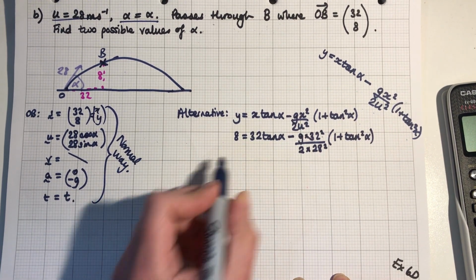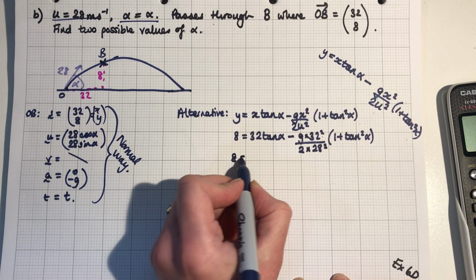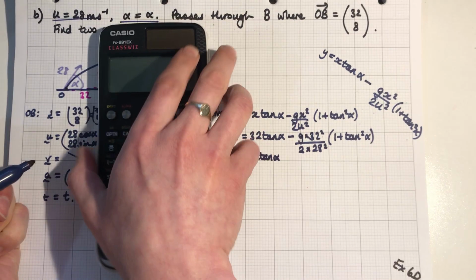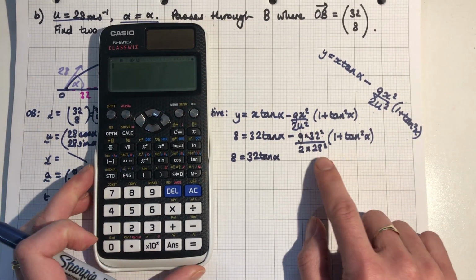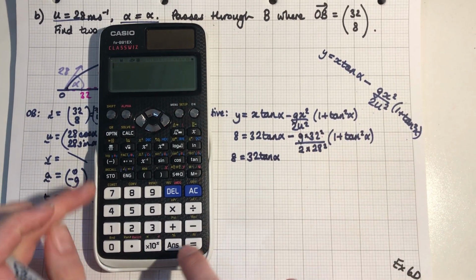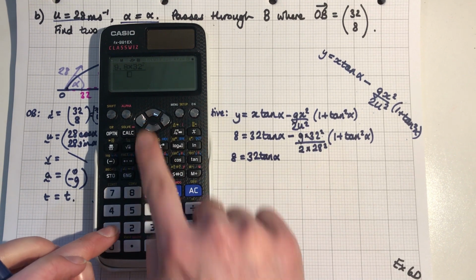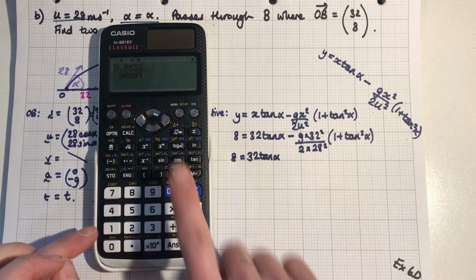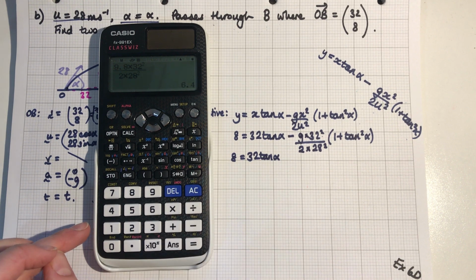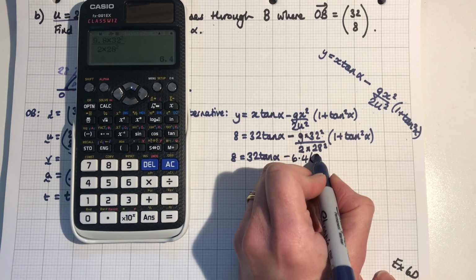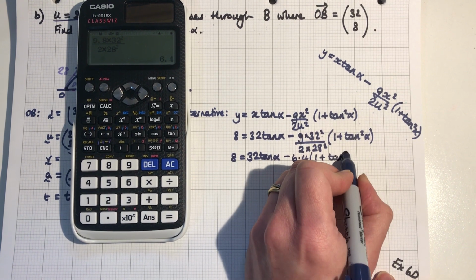Let's do some tidying up. Here, I want to work out what this number is. So, g, 9.8 times 32 squared over 2 times 28 squared, 6.4. So I've got minus 6.4 times 1 plus tan squared alpha.